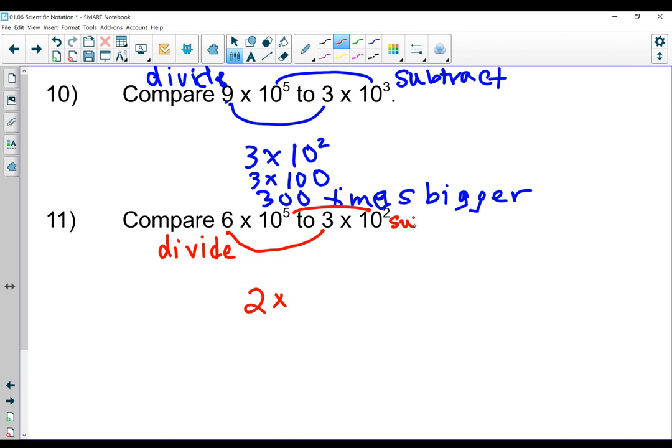So we're going to subtract those exponents. And 10 to the 5th, so 5 minus 2 would be 10 to the 3rd. And so 10 to the 3rd is 1,000. So 2 times 1,000, or 2,000 times bigger.